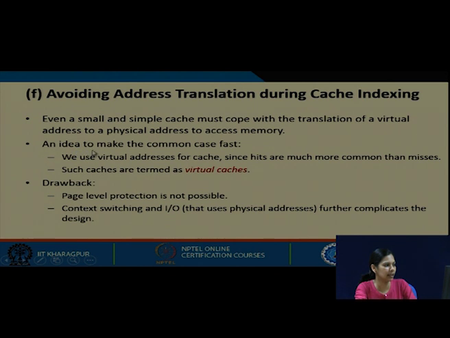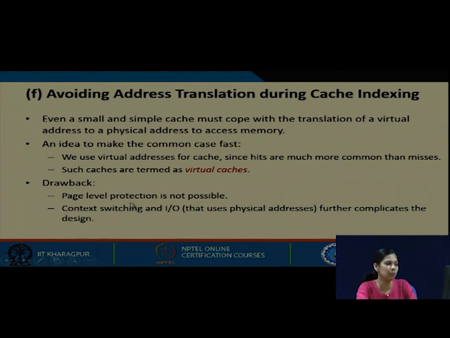As an idea to make the common case fast, what can be done? We use virtual addresses for the cache, since hits are much more common than misses. Such caches are termed virtual caches. So, we will have virtual caches in place to make the common case fast. But what is the drawback then? We will not be having a translation, rather we will be extracting the address from the logical address only.